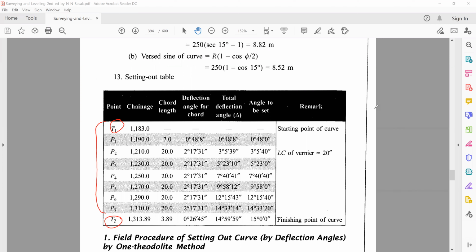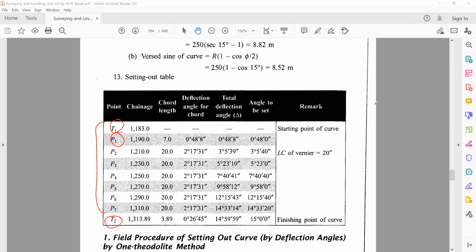These numbers depend on the interval that you're using, or the length of the full chord that you're using. So we were using 20 meters. Based on that, we had P1 at the point of the initial subchord. Then after 20 meters each, we had a number of points. And at the end, we had the final subchord. If you use 10 meters instead of 20, these points would increase.